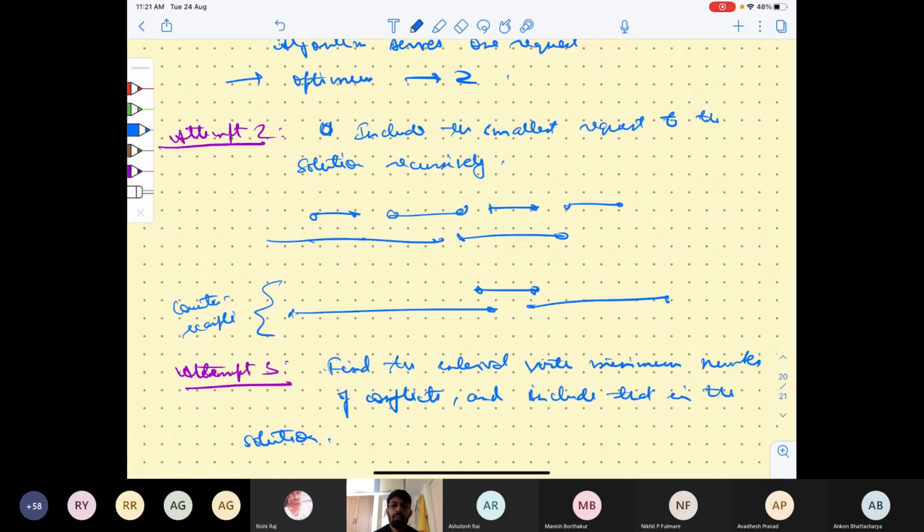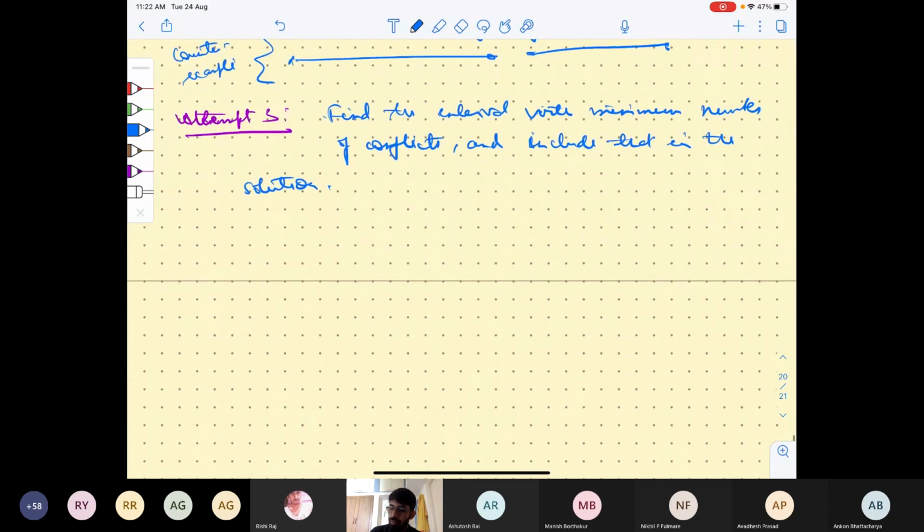So is this correct? Any guesses? We can have exactly the same start time and finish time for lots of intervals. That would lead to lots of conflicts, but it still may be a valid choice.